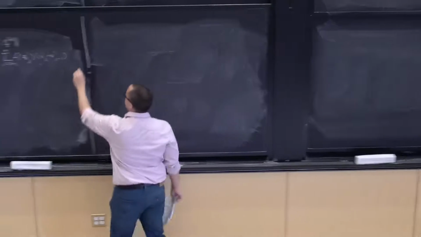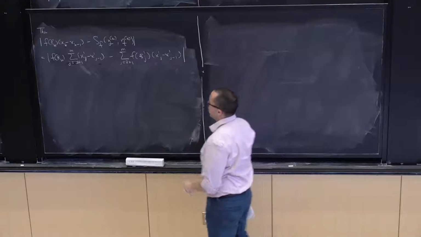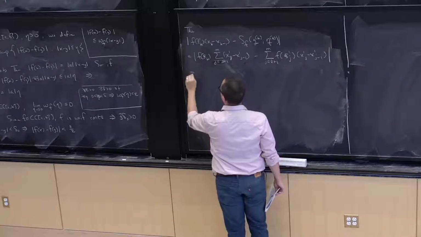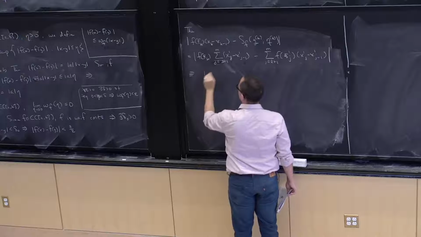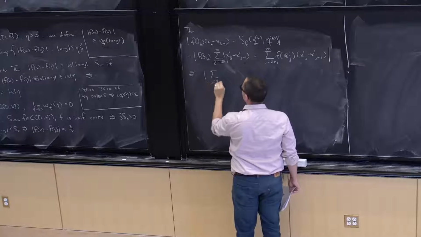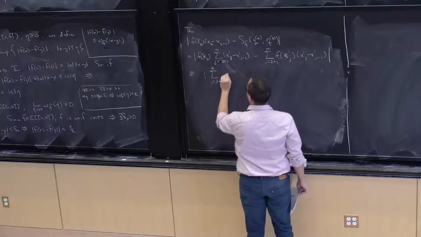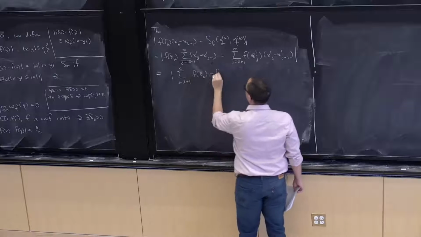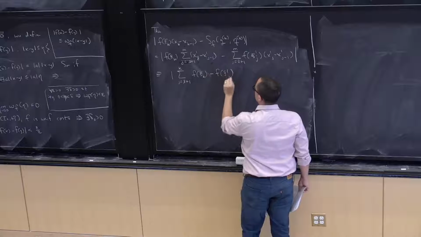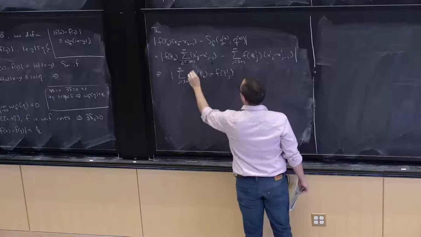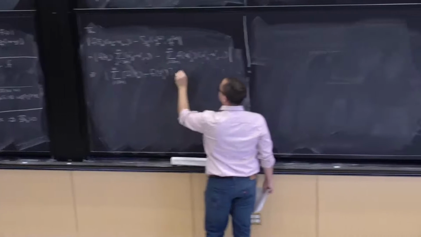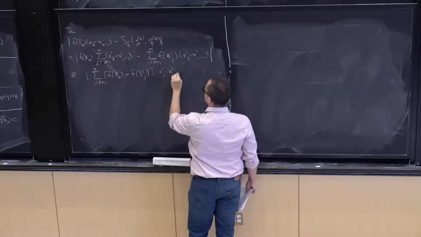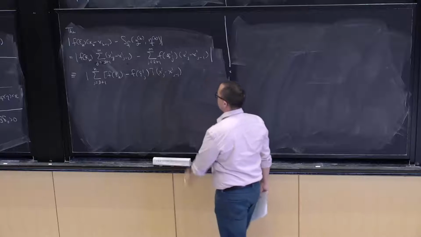So now I combine these, with an absolute value sign on the outside, and this is equal to the sum from j equals L plus 1 to m of (f(c_k) minus f(c prime_j)) times (x prime_j minus x prime_{j-1}), absolute value.